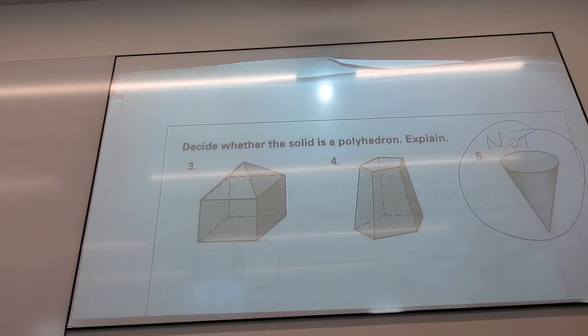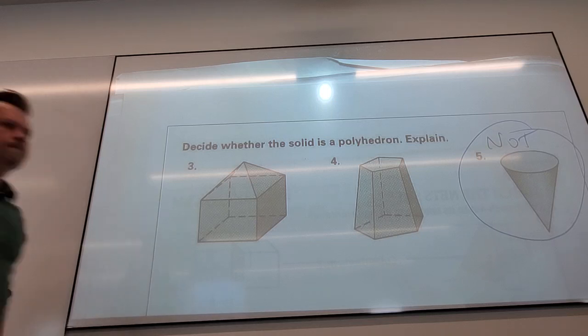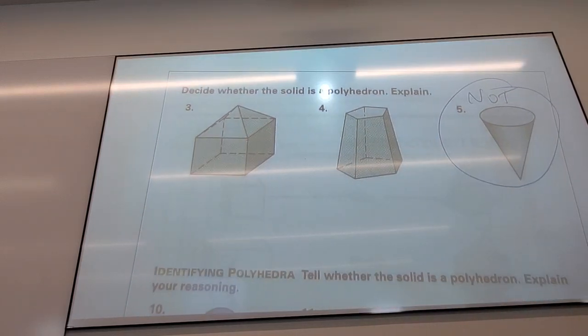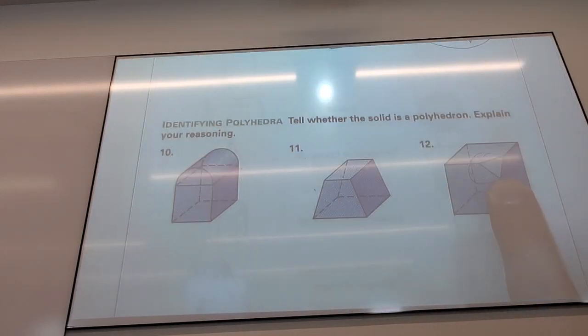Okay, cool. So obviously 5 can't be a polyhedron because all of its sides are curved. And of course, same thing on the next few. Is there an issue with that one? Do you guys remember the name of that if I did it on every vertex here?